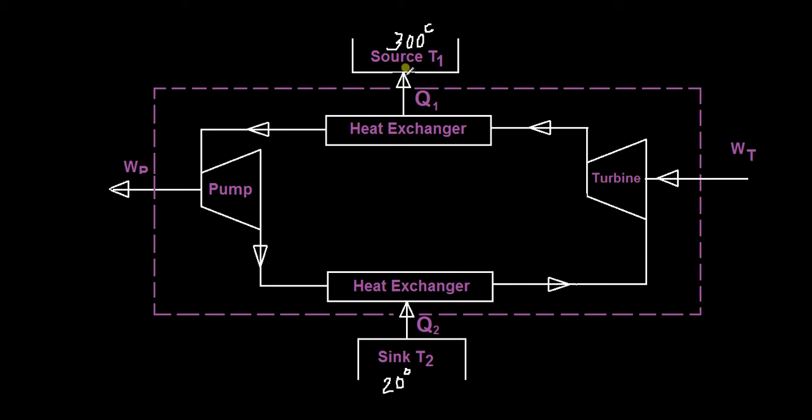So if it is a heat engine, the heat engine will transfer heat from a high temperature source to a low temperature sink and produce net work. That is a heat engine. A heat engine will take heat from a high temperature source and release heat to a low temperature sink and produce net work.